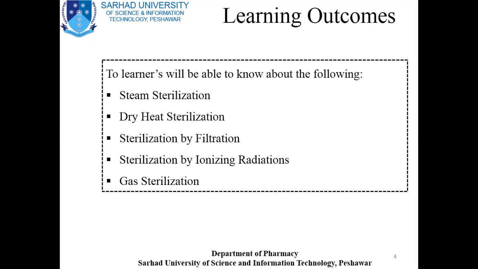Dear students, after the completion of this lecture, you will be enabled to learn about the introduction to sterilization and different methods of sterilization that are described in the United States Pharmacopoeia, abbreviated as USP.